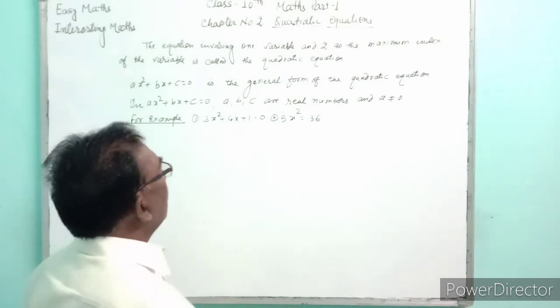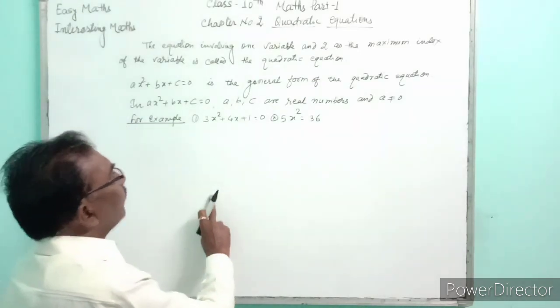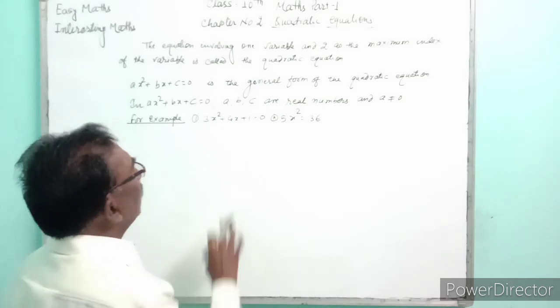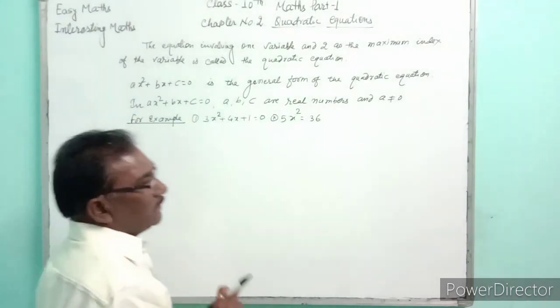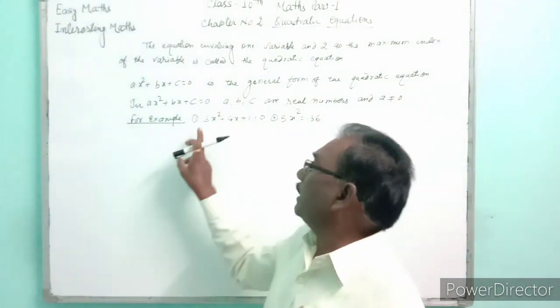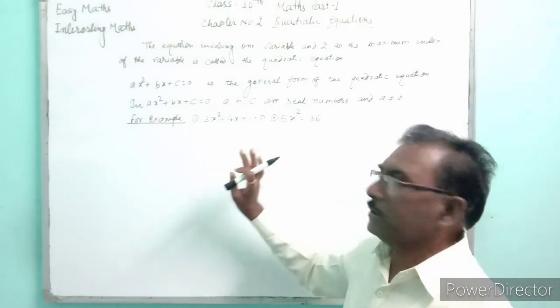These three numbers are real numbers and 3 is not equal to 0. And in the equation, x is the only variable and its maximum index is 2. Therefore, 3x square plus 4x plus 1 is equal to 0 is a quadratic equation.